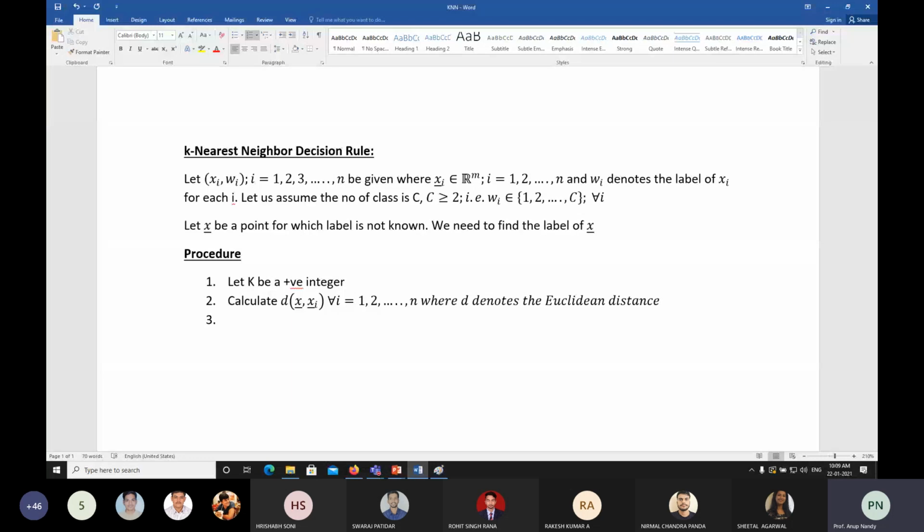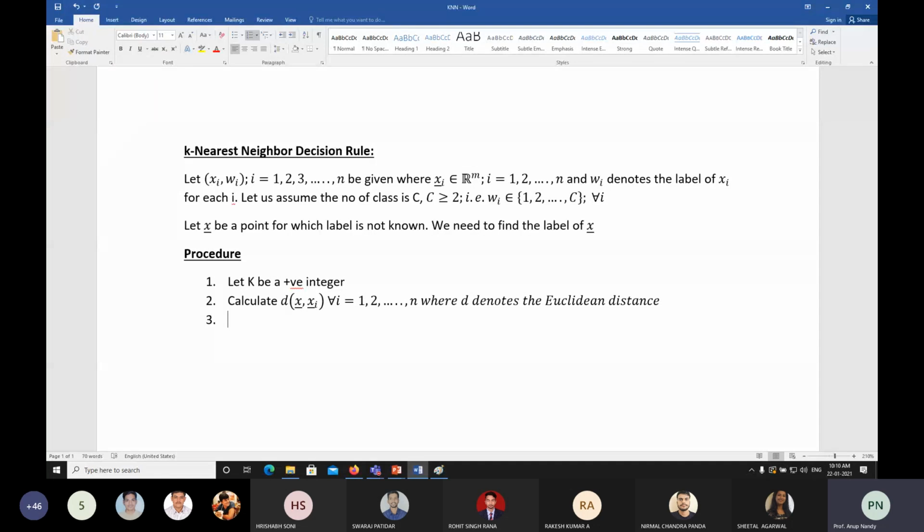You have to calculate this Euclidean distance between the test sample point and all the given training sample points. X is an unknown point that must be classified into one of the C classes, and the xi's are all the observations, coming from the classes Wi, distributed across your classes. So mathematically you can write d(x, xi) for all i equal to 1 to n.